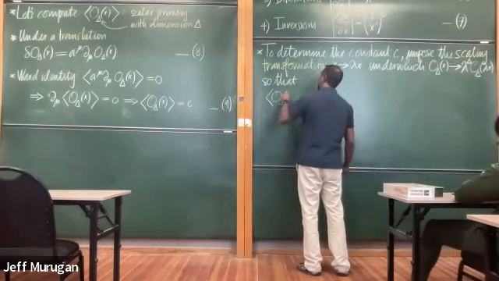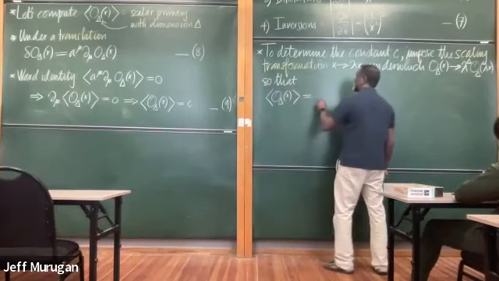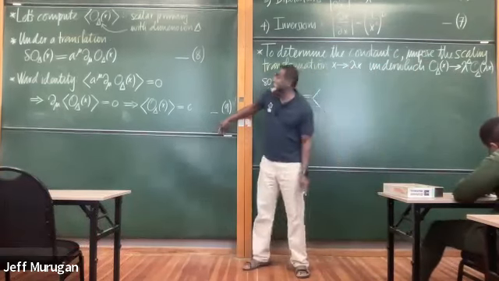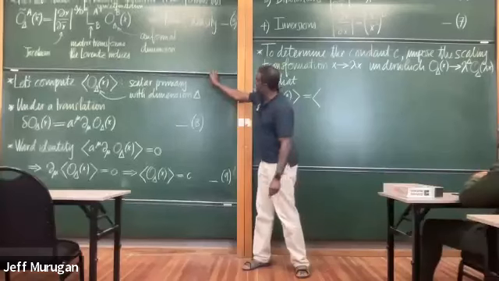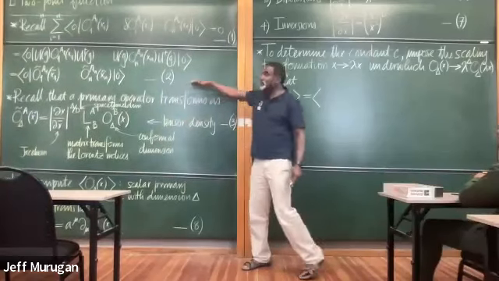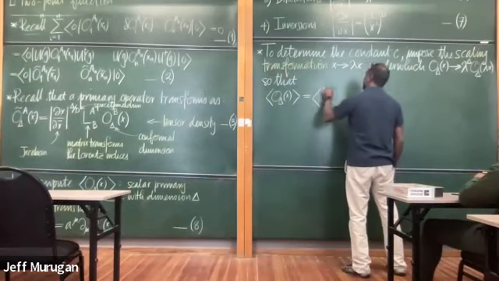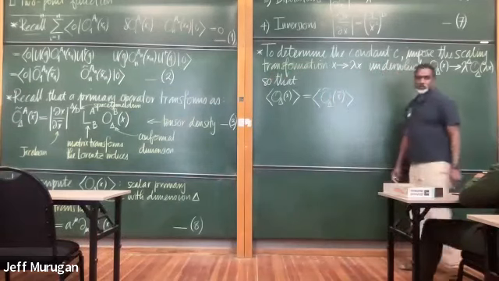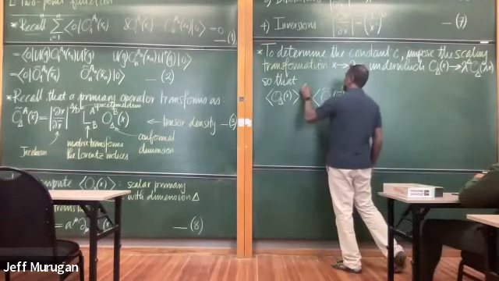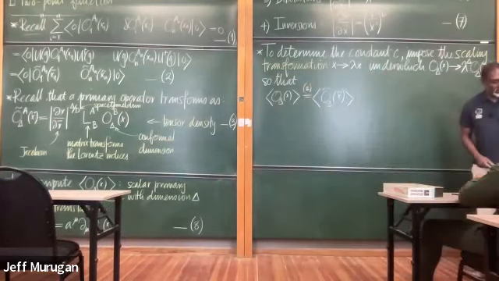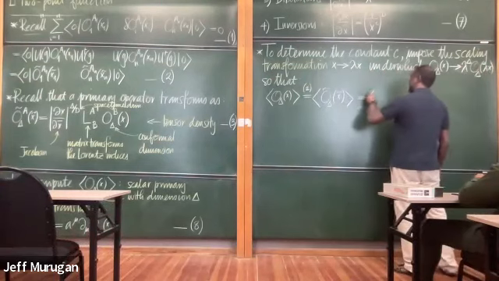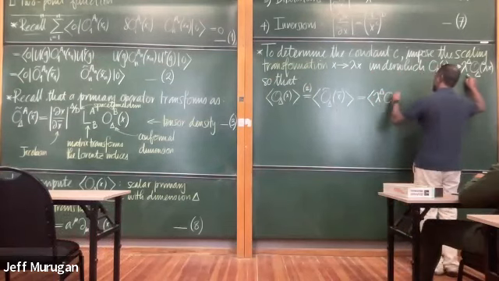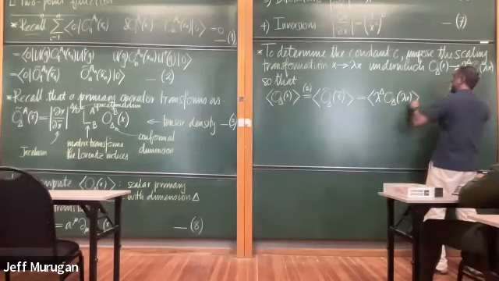In which case the following is true. The 1-point function of O of x, by the finite version of the Ward identity, must go to O tilde of x tilde, by equation 2, which is just the 1-point function of lambda to the delta O of lambda x.